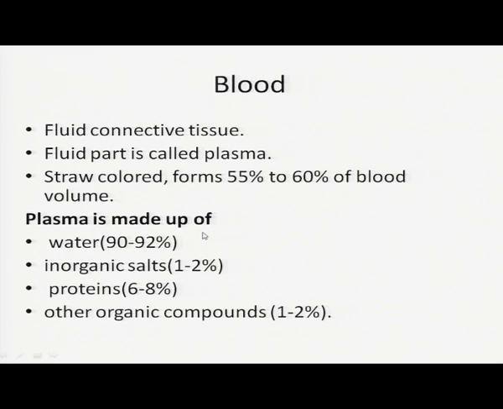Plasma is made up mainly of water. 90 to 92% of plasma is water, 1 to 2% is inorganic salts, 6 to 8% is proteins, and 1 to 2% is other organic compounds.